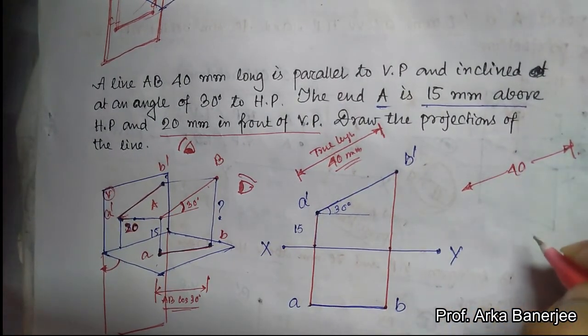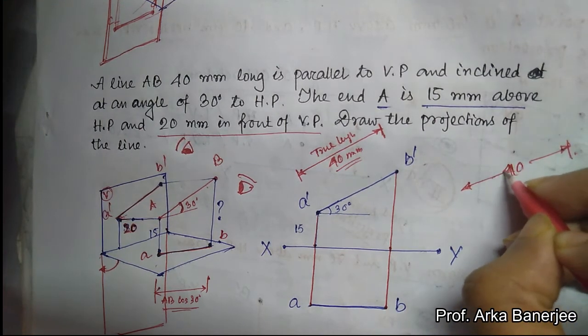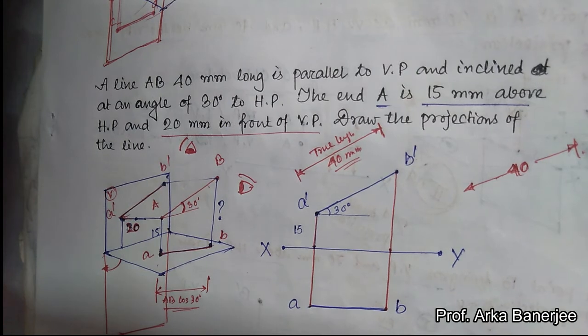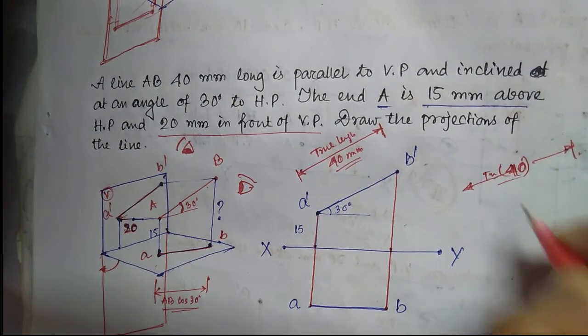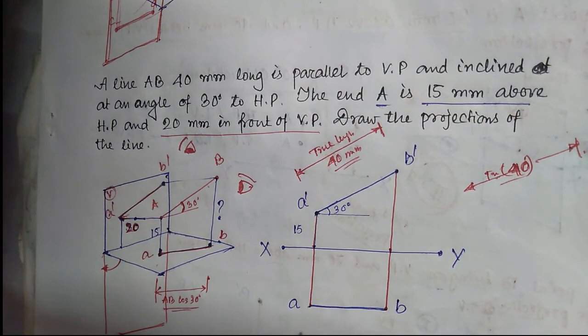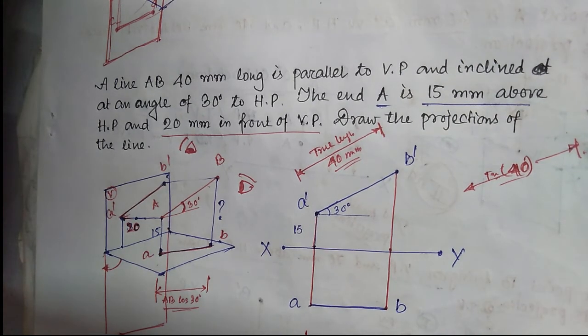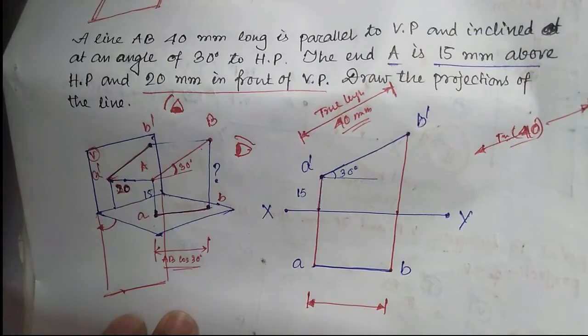Or otherwise you write true length, then in bracket 40, by proper dimensioning rule. And this length is apparent length. So this length I am showing how you can dimension it by unidirectional method.